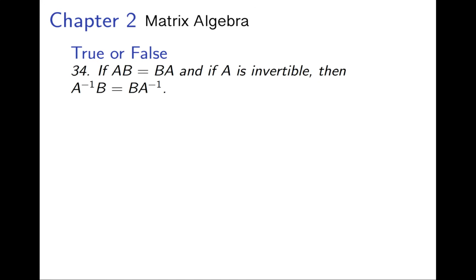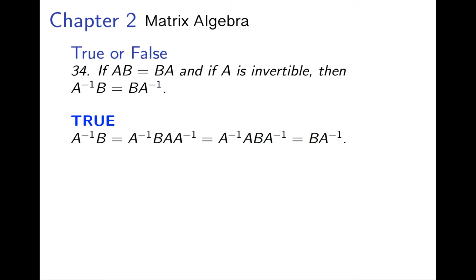Number 34. If AB equals BA, and if A is invertible, then A inverse B equals B A inverse. And this one happens to be true. And it's not immediately obvious why it's true, so we could work out a sketch of the proof. We'll start with A inverse B. Well, we can multiply on the right by A times A inverse, and that's not going to change anything, right?